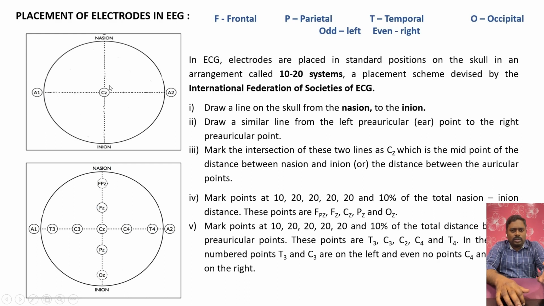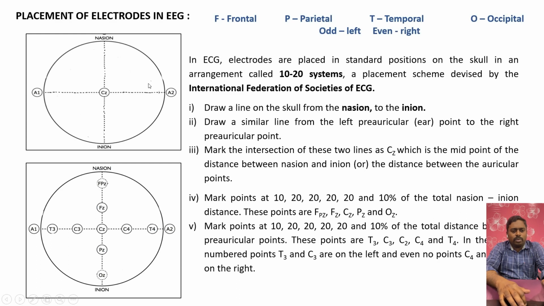So actually these arrangements are commonly devised. For examination purposes, I am telling you to draw a circle, nasion to inion, and left preauricular point to right preauricular point. Mark the intersection of these two lines, which is called CZ, the midpoint of the distance between the nasion and inion, and the distance between the auricular points.